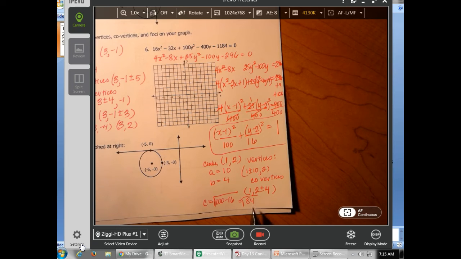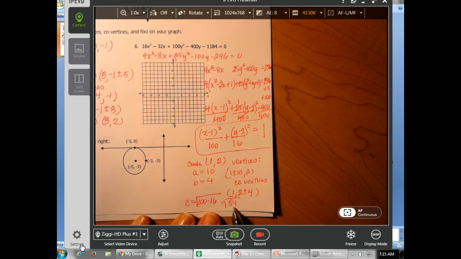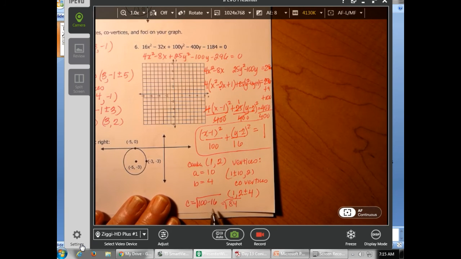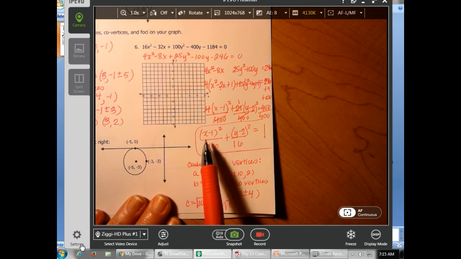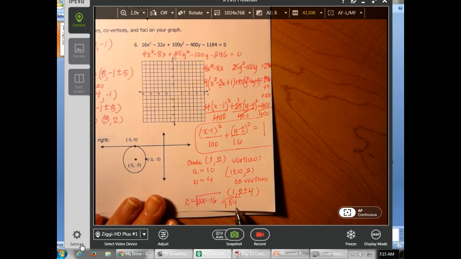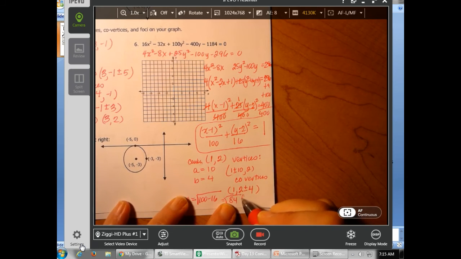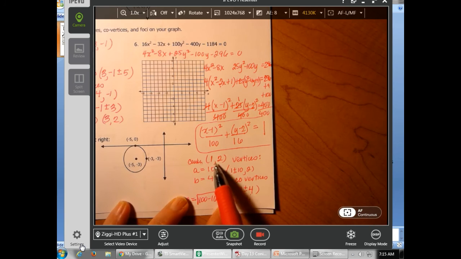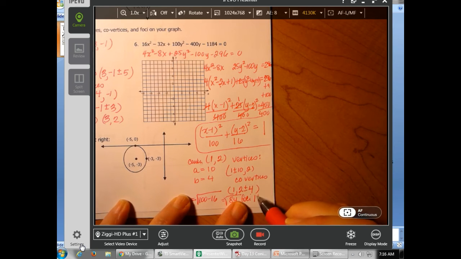So this is going to be a little bit bigger than 9. But when I write my foci out, remember the foci lie on the major axis. This is elongated horizontally, so I have to go to the right and to the left this distance. So I'm going to go back to my center, and I do 1 plus and minus the square root of 84, comma 2. So there are my foci.